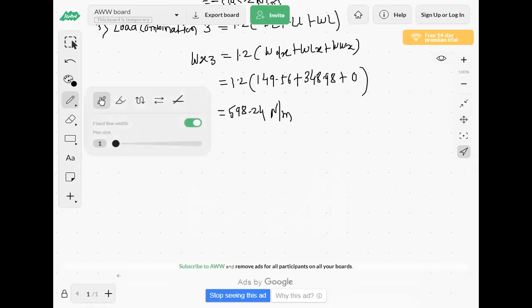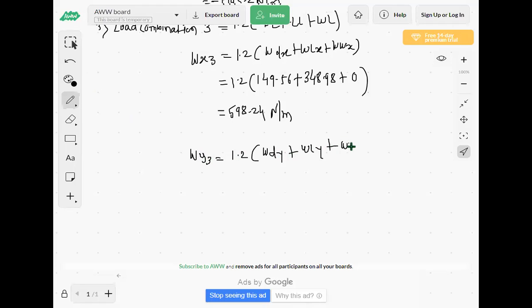Similarly, WY3. So 1.2 into again WDY plus WLY plus WWY. So 1.2 into WDY is 299.19 plus WLY.